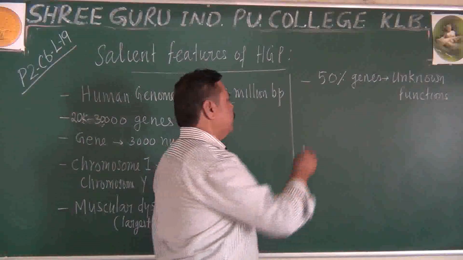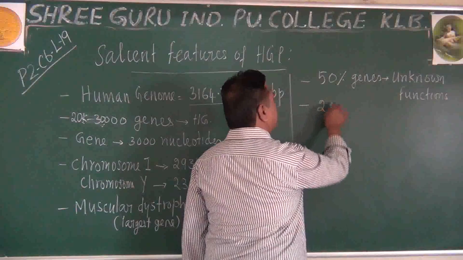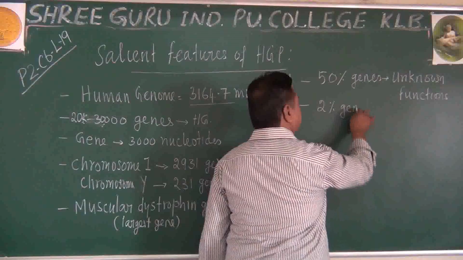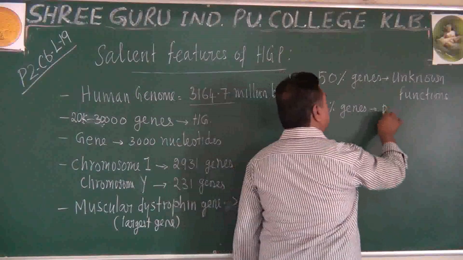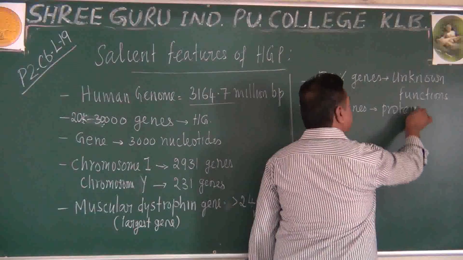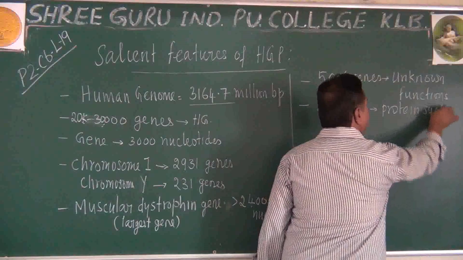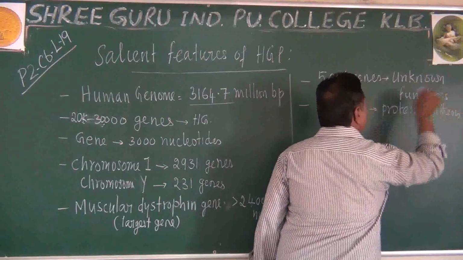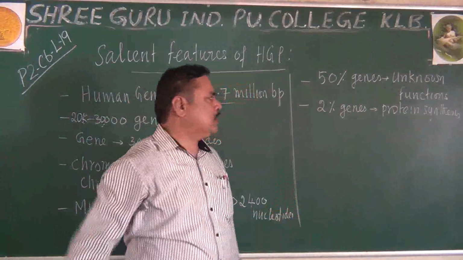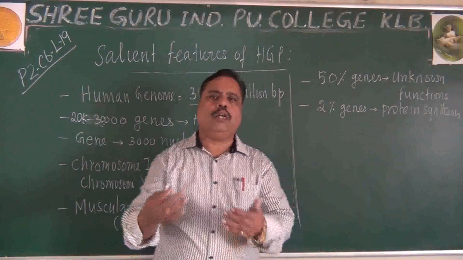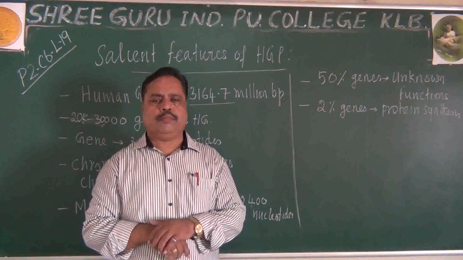Not only this, only 2% of genes are involved in protein synthesis. That is also told by the scientists. So only 2% of genes are involved in protein synthesis.